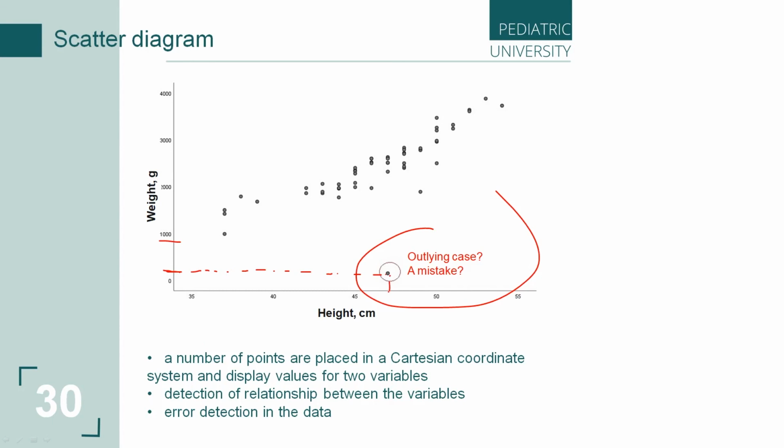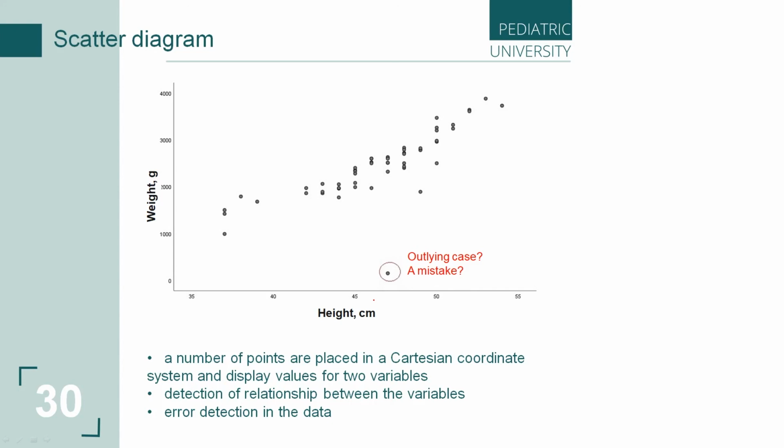Such a patient should be excluded from our study because we have no patient with weight less than 1 kilogram and height more than 45 centimeters. The graph allowed us to find the error in the data. We can also conclude that there is a positive relationship between the variables: as one variable grows, so does the other.